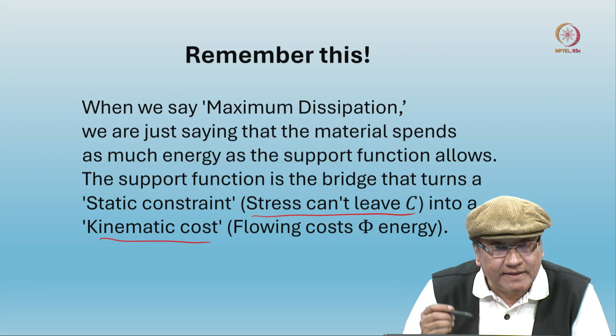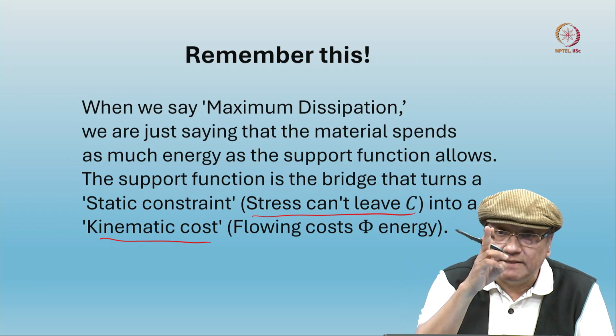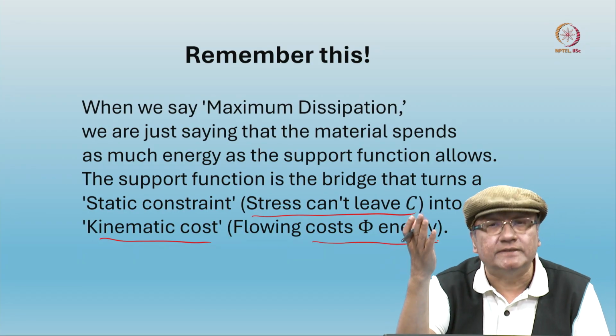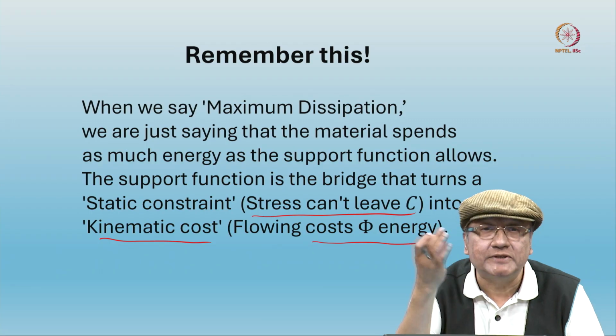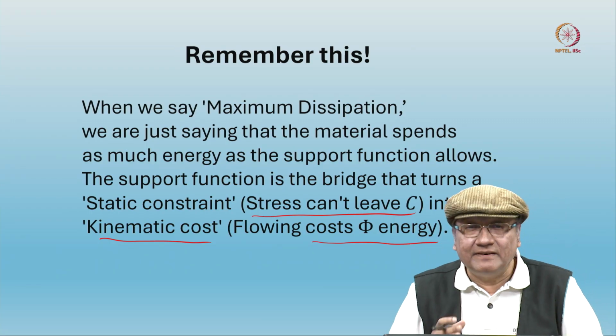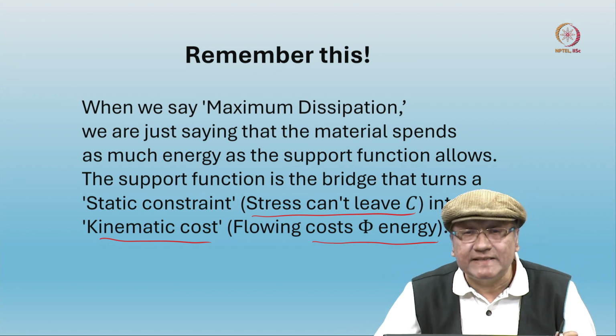What is that cost? That is the flow. If you have to maintain the flow, plastic flow, then you must spend phi amount of energy, not below that, right. So, it converts one to the other. They are the two sides of the same coin. Okay. This makes it very clear.